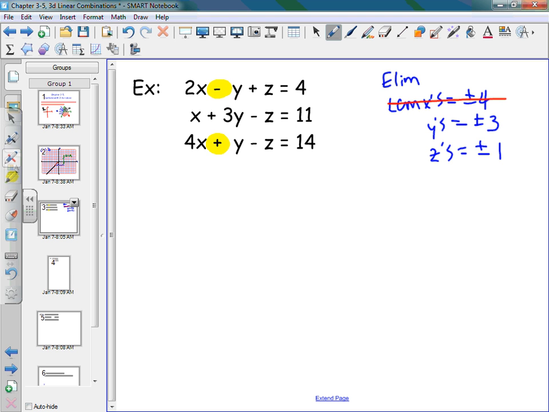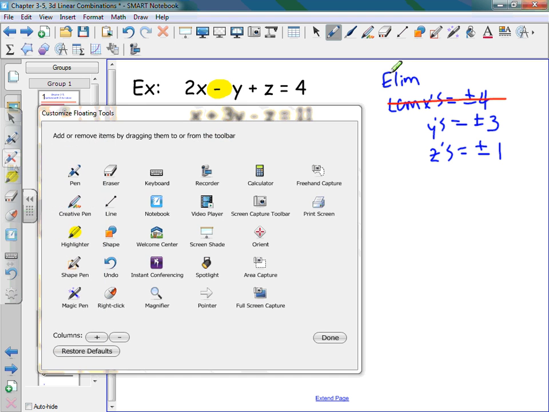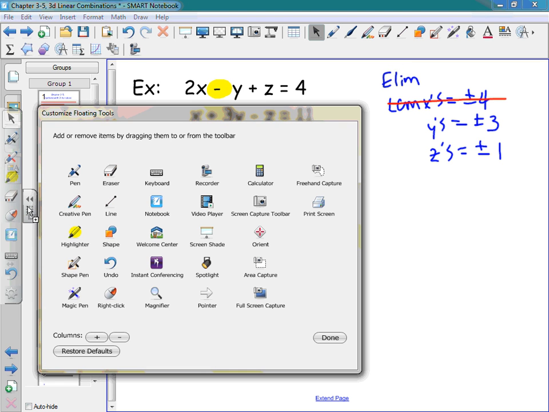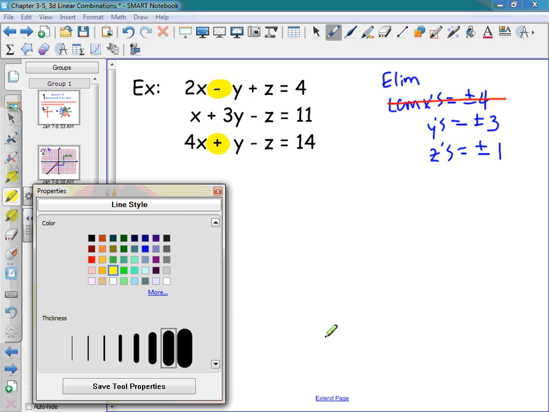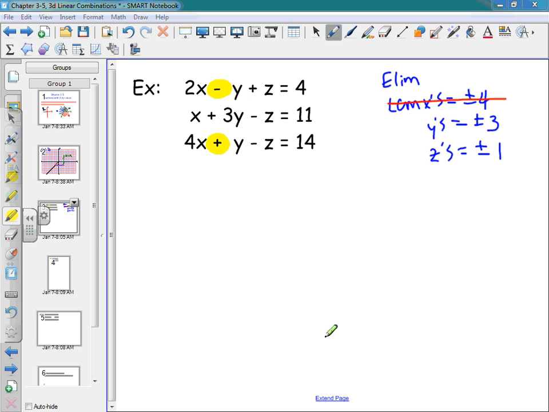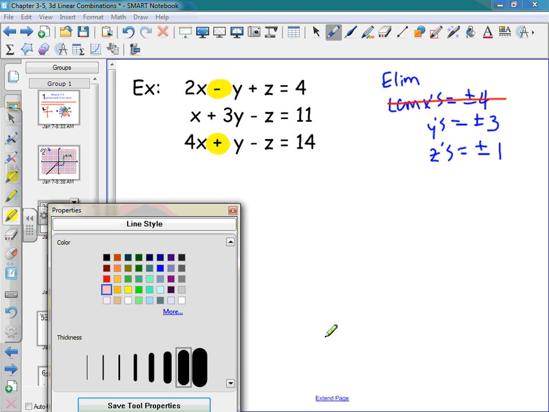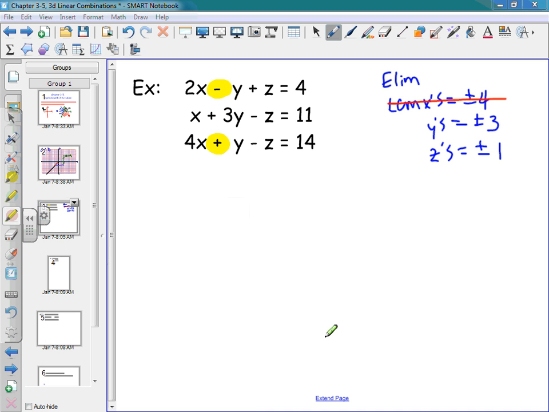So if we look at our z's, you know what I like about my z's? They are changed also, but what's really cool is that, what's my coefficient on all of them? My coefficient's a 1.